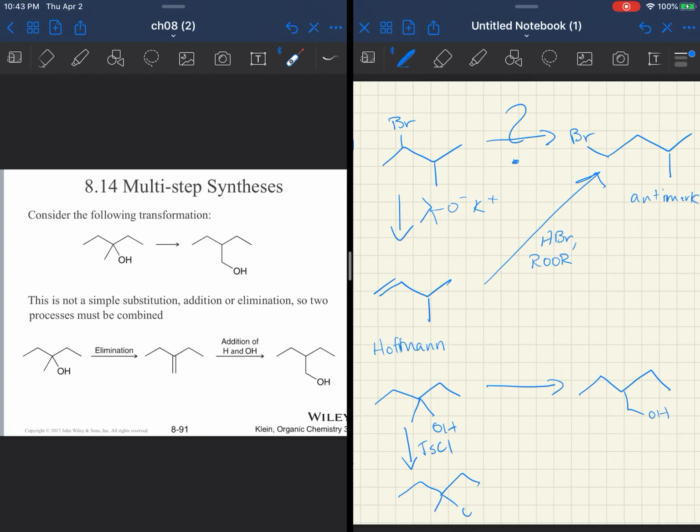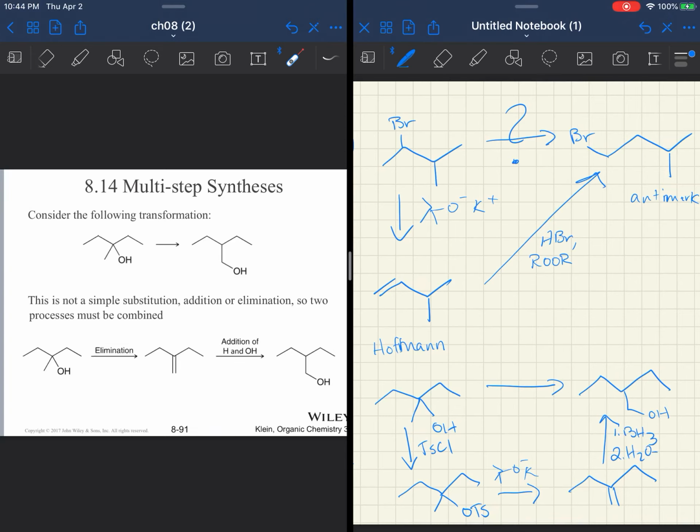If you want to get a Hoffman product from an alcohol, let's go ahead and use tosyl chloride first. Now we have a lot more control. We can take that OTs group and we can eliminate it in any direction we want. It's going to act just like an alkyl halide, and so now we can bring in that bulky base, that tert-butoxide.